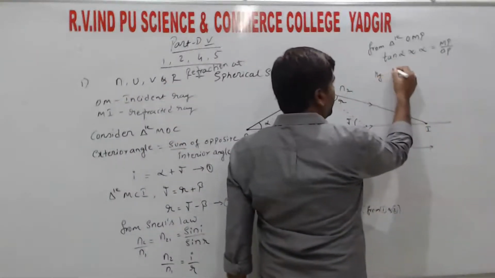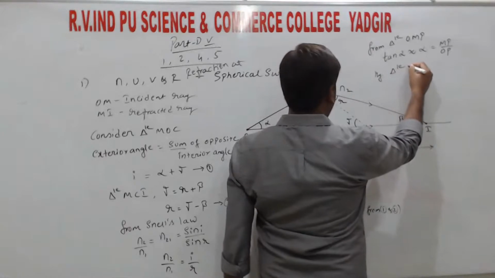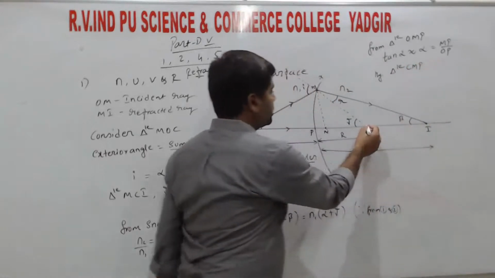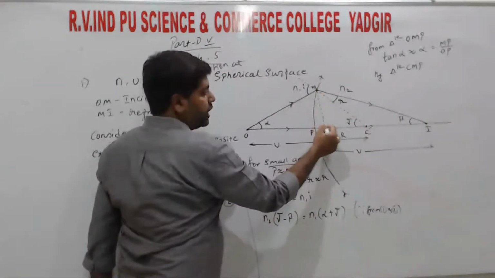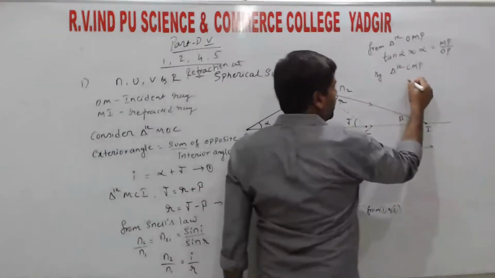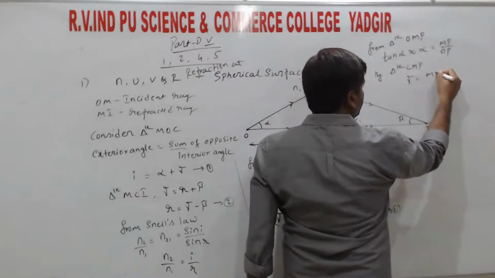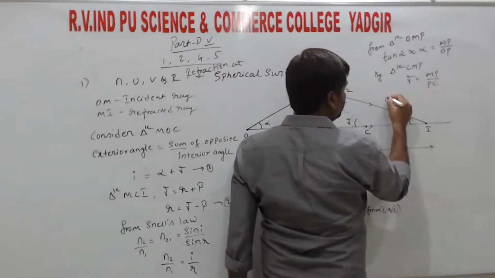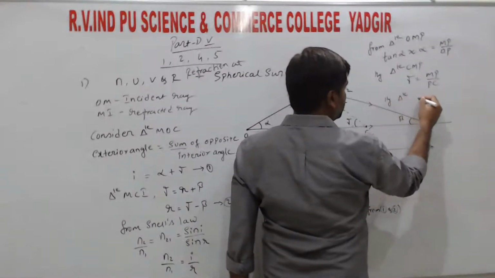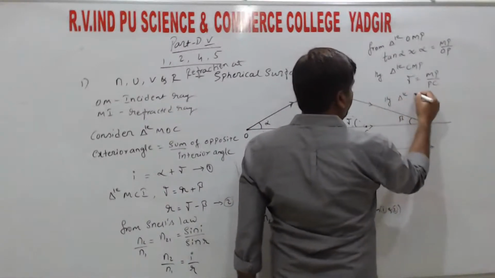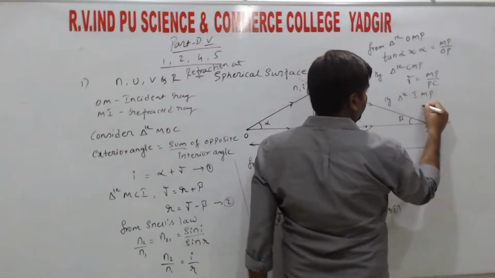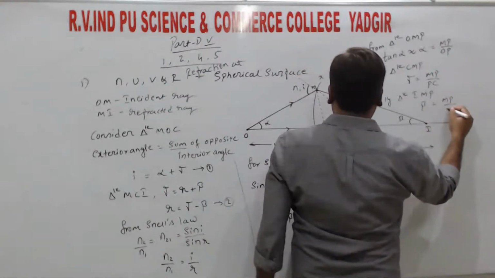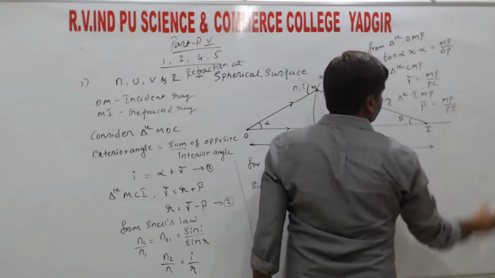Similarly, from triangle CMP, here we have gamma. Gamma equals opposite MP divided by PC, right? Similarly, from triangle IMP, write whatever naming you have been given. That is MP divided by PI.